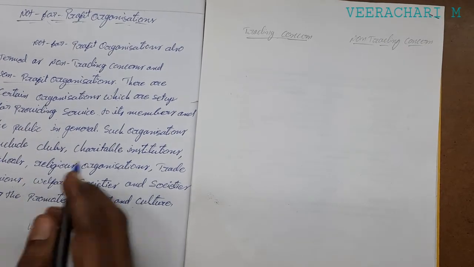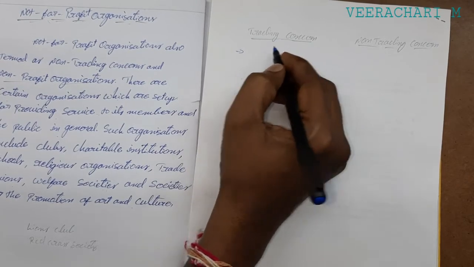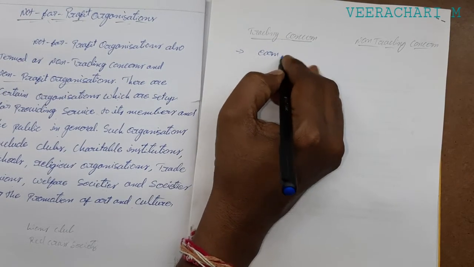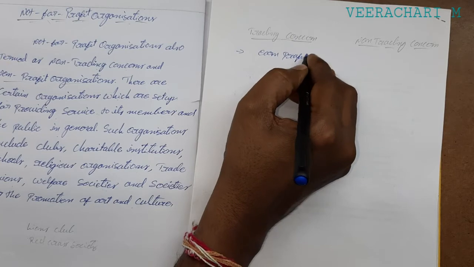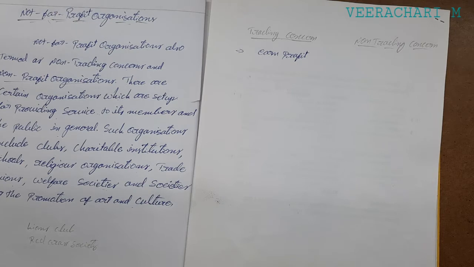The main aim of a trading concern business is to earn profit, generate income. That is the main aim of the business.